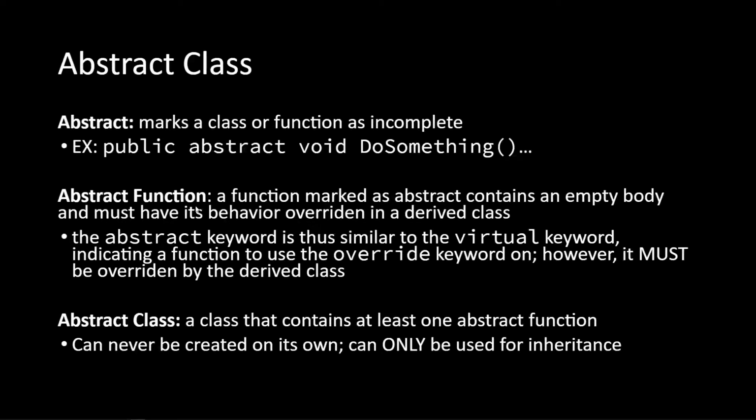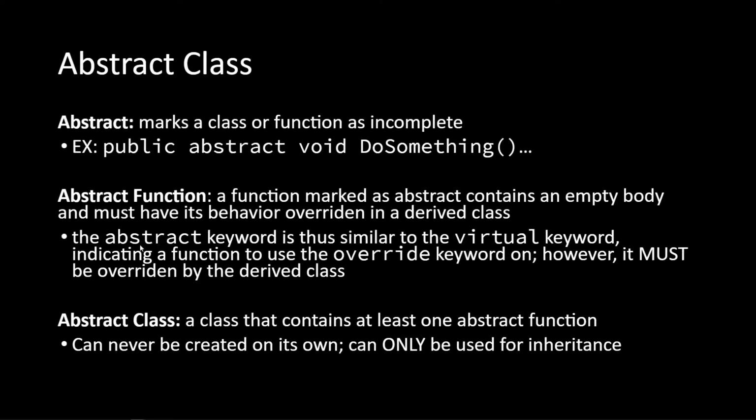So you can't really use the abstract class on its own. The abstract keyword is thus similar to the virtual keyword in functionality, at least. It indicates a function to use the override keyword on. However, it must be overridden by the derived class. It is not optional. Normally, if you have a virtual function, it has its own functionality, and it can be overridden.